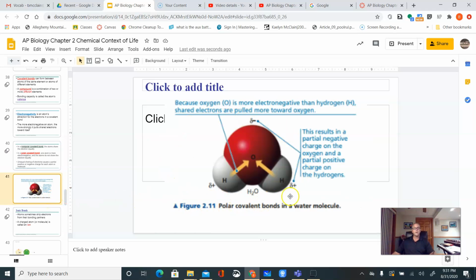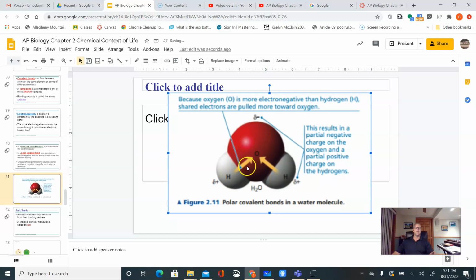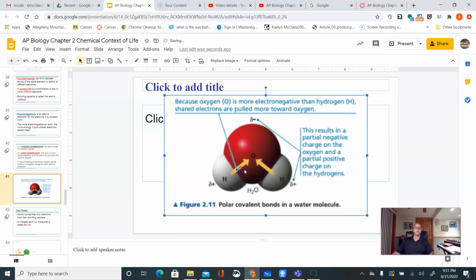So water is the quintessential example of a polar molecule. Oxygen has a strong pull for electrons, very high electronegativity. Hydrogen, even though it doesn't want to give up its electrons, will essentially share unevenly with oxygen.